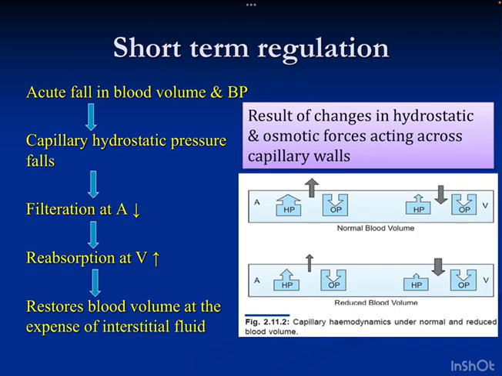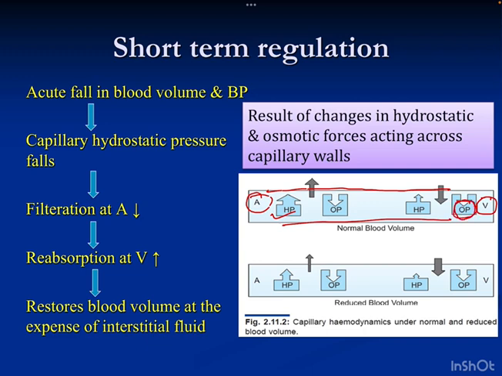Short-term regulation. So this is the capillary structure, the arterial side of the capillary and the venule side of the capillary. On the arterial side, there is a very important filtering force, that is hydrostatic pressure, and on the venule side there is an absorptive force known as colloid osmotic pressure or oncotic pressure.